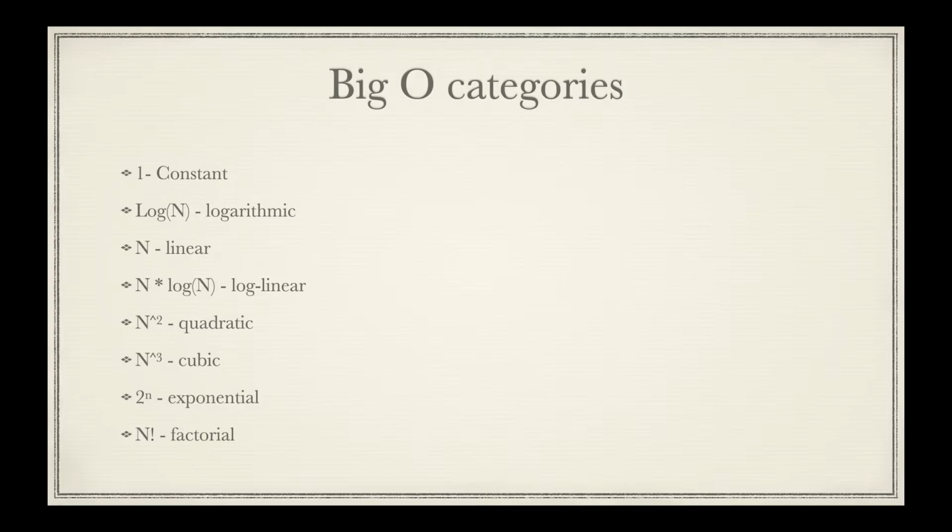Okay, the next is quadratic, which is a linear times a linear algorithm, n times n. And so, for instance, that would be a loop within a loop. Many sorts, like the selection sort, are quadratic time, and that's n squared, n times n. Cubic, and just to show, usually there's not many cubic algorithms, but maybe, for instance, sorting a 3D array where you have an x, y, z coordinate system, looping through all coordinates would take 3 loops, a loop within a loop within a loop, and so that'd be cubic.